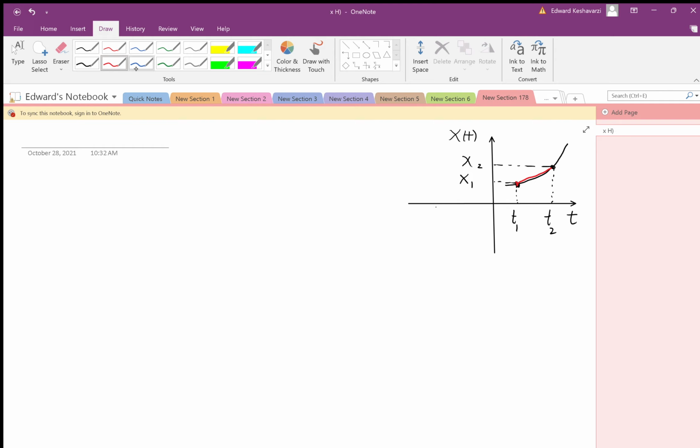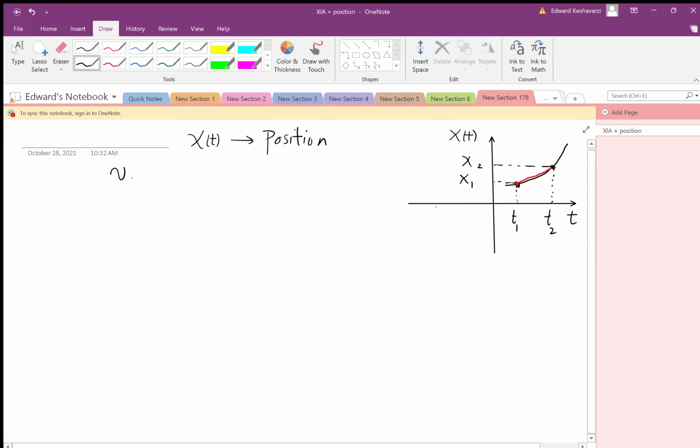Therefore, if x(t) is given, which is the position, we can claim that velocity is dx over dt, or simply x prime of t. So it means if you take the derivative of the position, it's going to be the velocity of the particle.